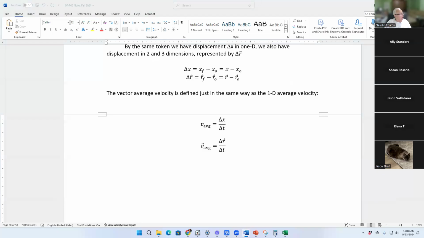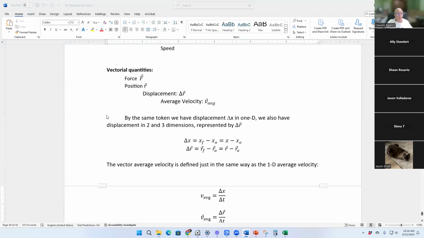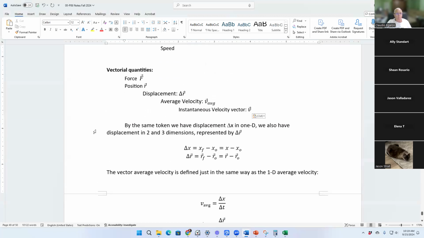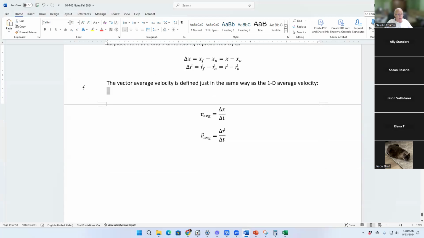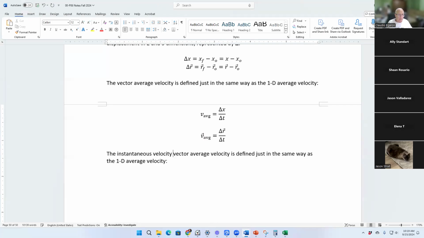And the instantaneous velocity vector is defined the same way as the 1D velocity. We have that limit situation.